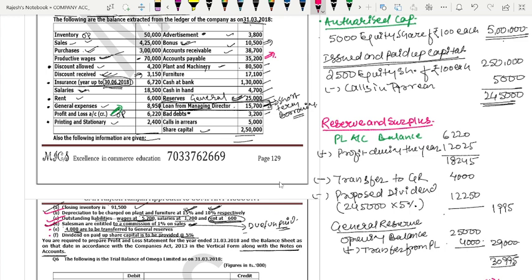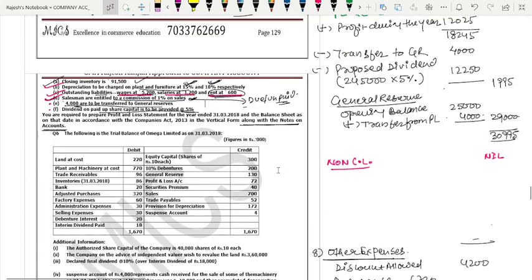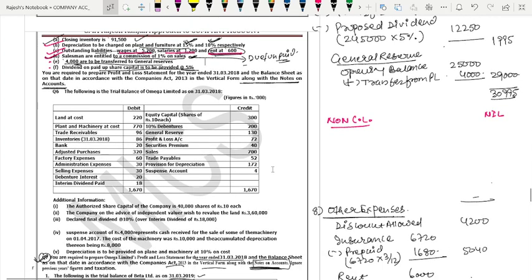No bills payable. And some outstanding is there: outstanding wages, outstanding salary, outstanding rent. These all come under the heading of current liability, and proposed dividend is also there. Okay, you come and write current liability. First you write down the trade payable.